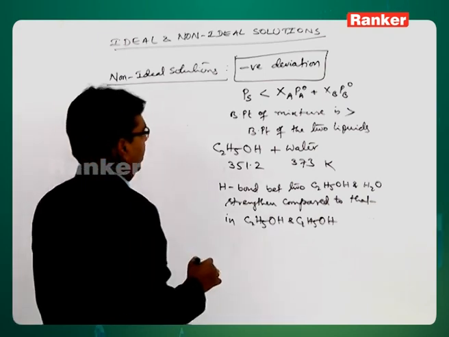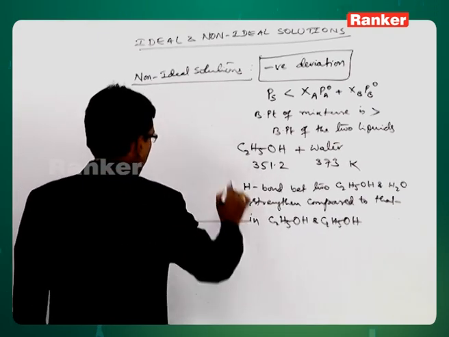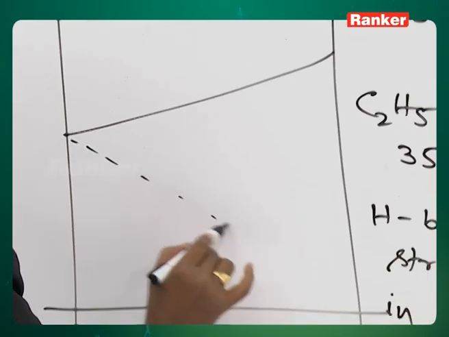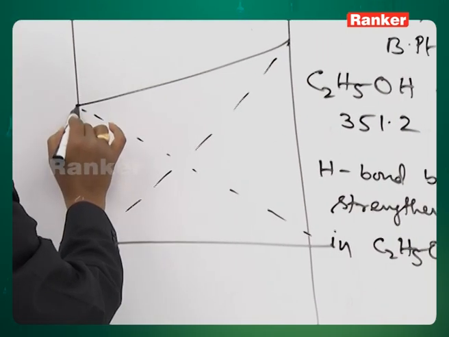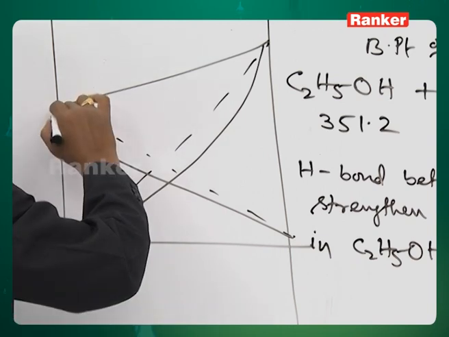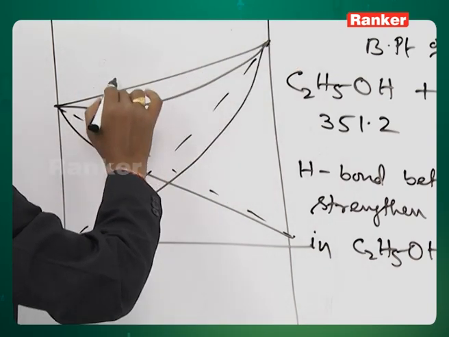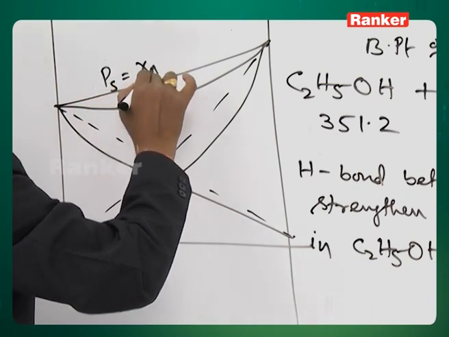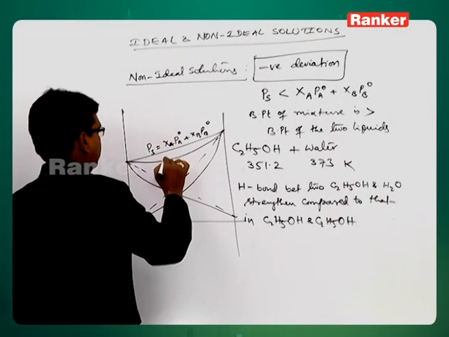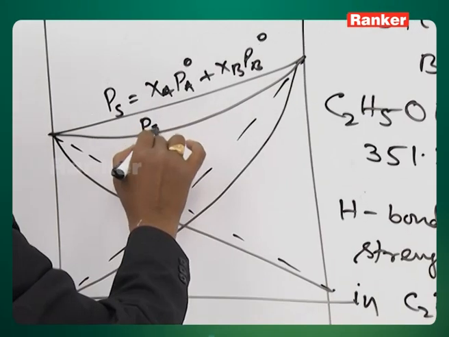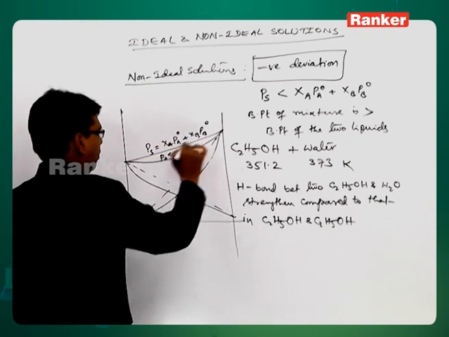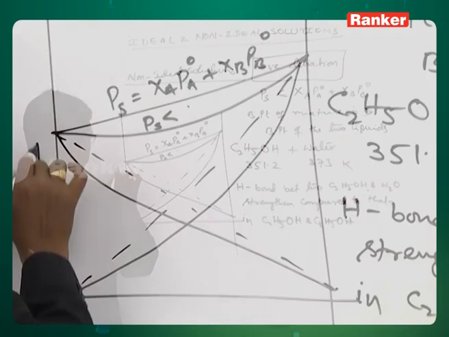So, as a result, when you draw a graph, this is PS is equal to XA PA naught plus XB PB naught, and this is PS less than what you get for an ideal solution. This is of course the pressure.